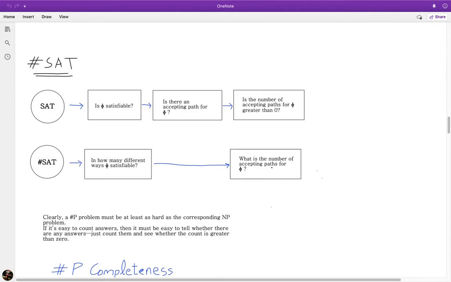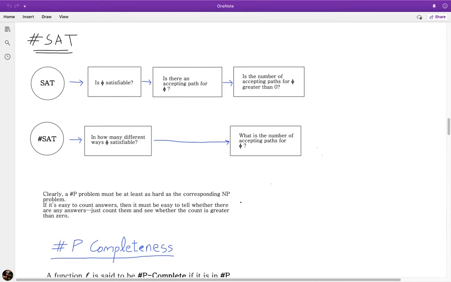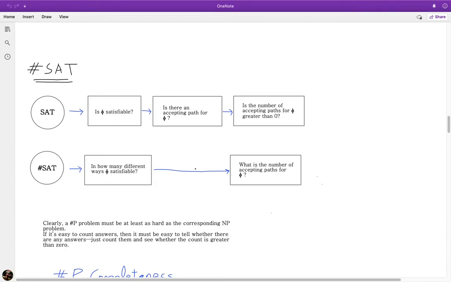If we find the number of accepting paths for phi, then we know that so many satisfying assignments exist for phi. As we can see here, the middle part of the question is missing, because this is the difference between these types of problems.